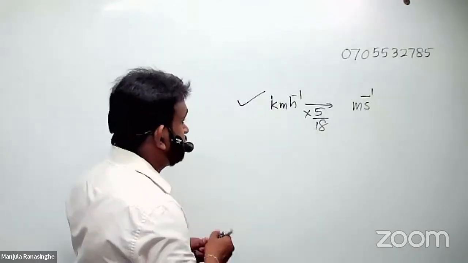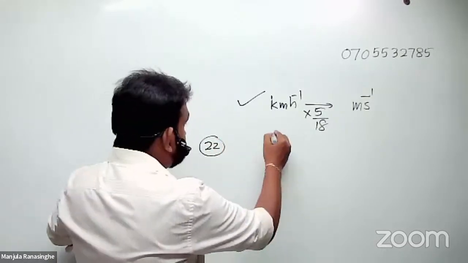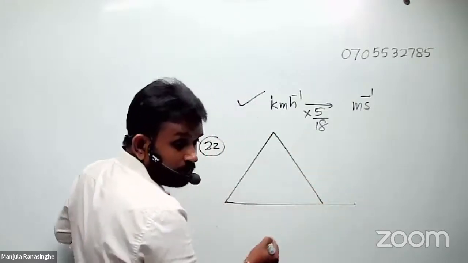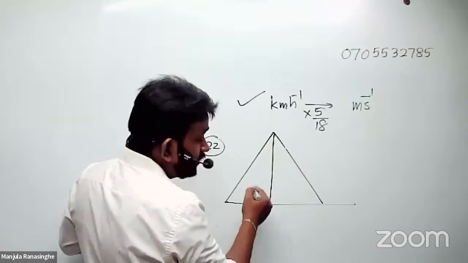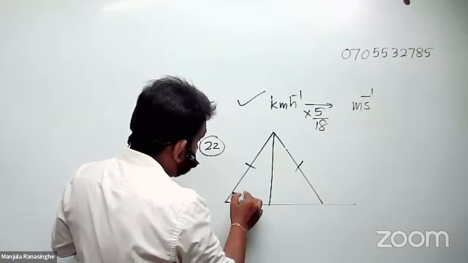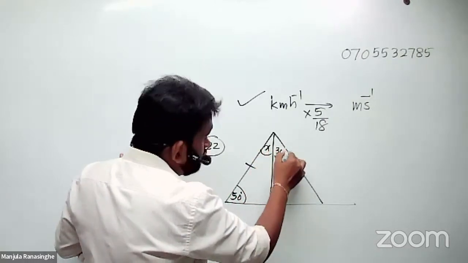Right, question number 22. Now we are dealing with a geometric equation. Here two sides are equal, and here 50, and here x, and here 30, and here y.